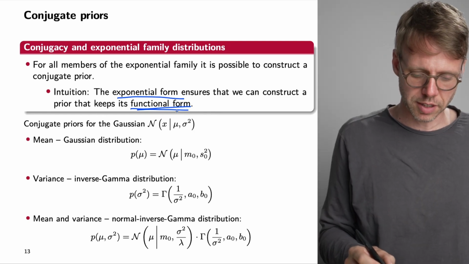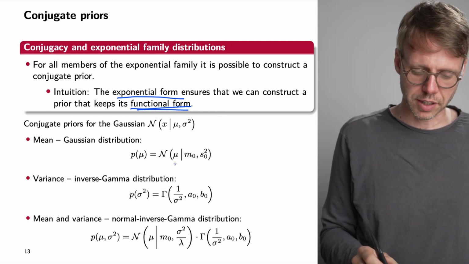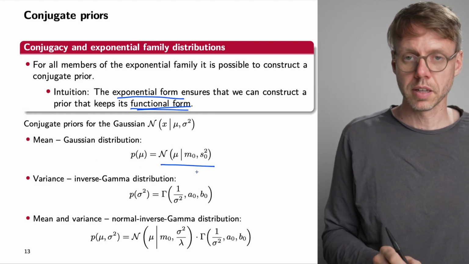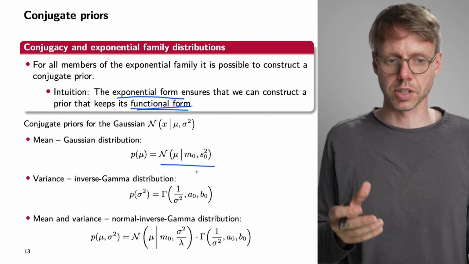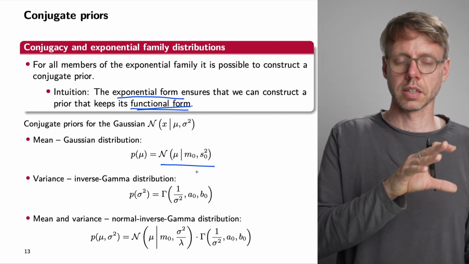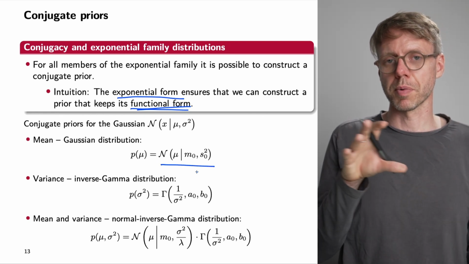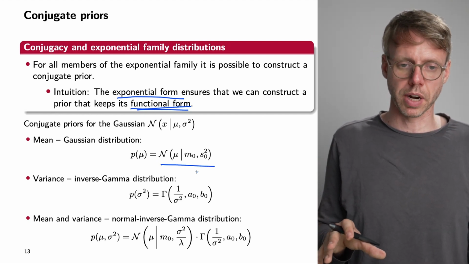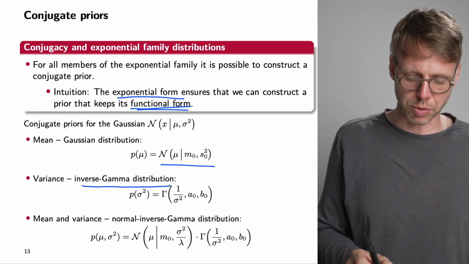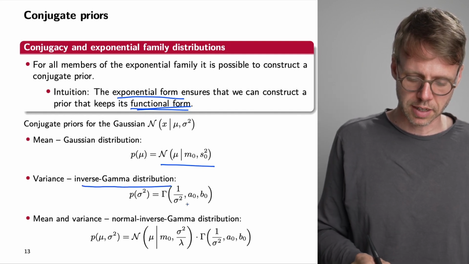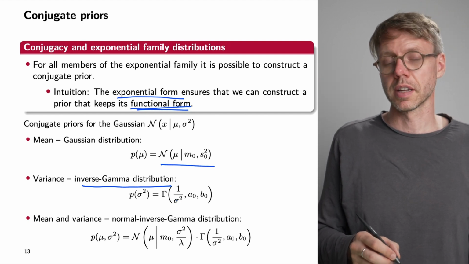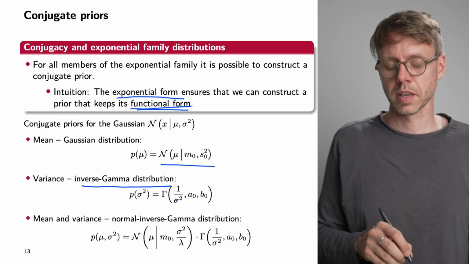Now for the Gaussian, we already saw the conjugate prior of the mean, which is a Gaussian distribution. Similarly, we could say that the mean is already known and we want to place only a conjugate prior on the variance. That's a so-called inverse gamma distribution, which means that 1 divided by the variance is gamma distributed.